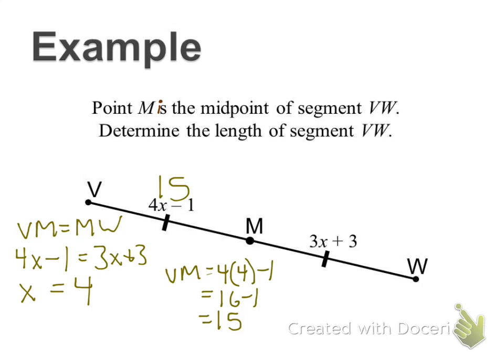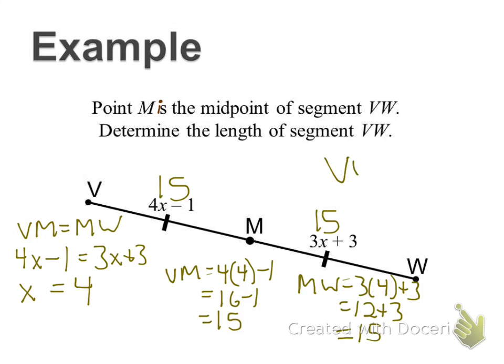Otherwise, it's not in the middle. They're not the same. So we check, and MW is 3 times 4 plus 3, or 12 plus 3, which gives us also 15. So in the end, we know that VW is the total of both, and it's 30 units long.